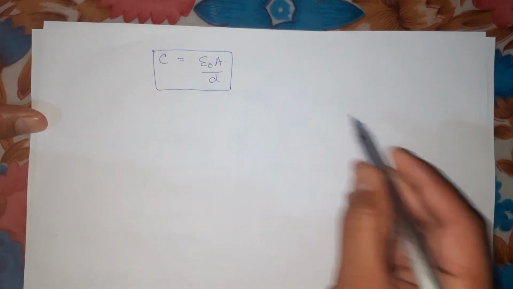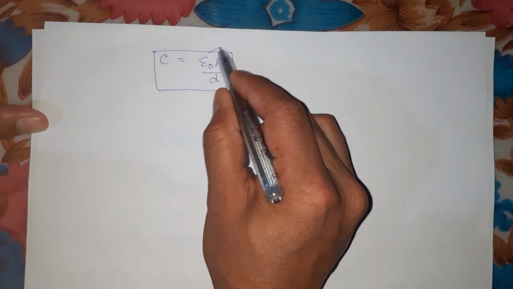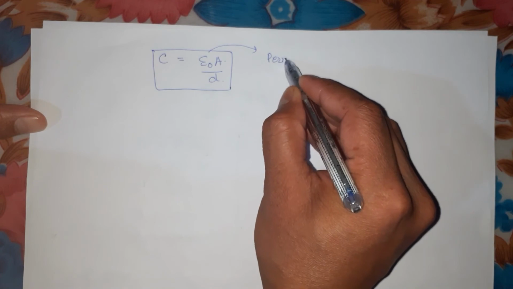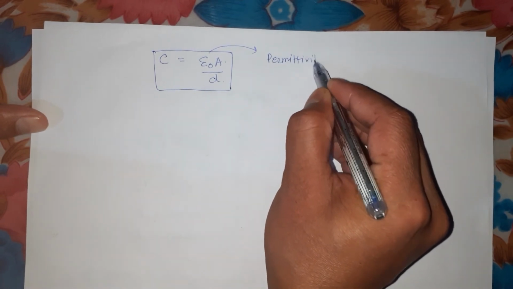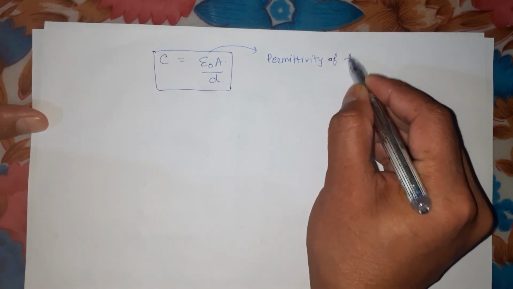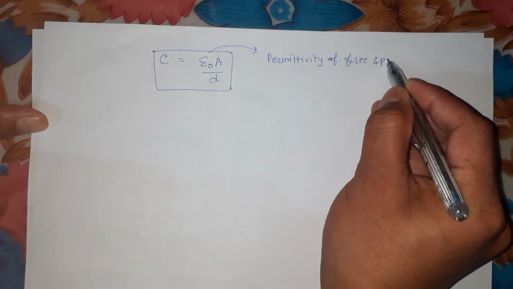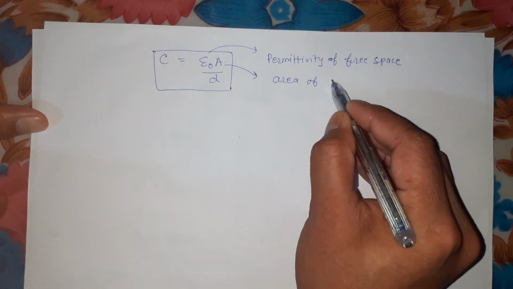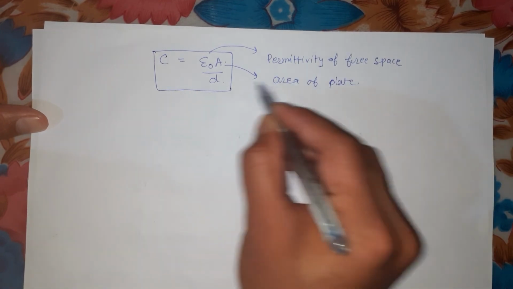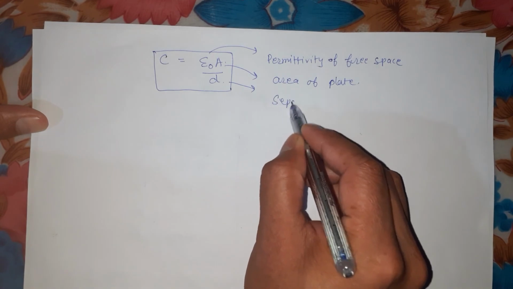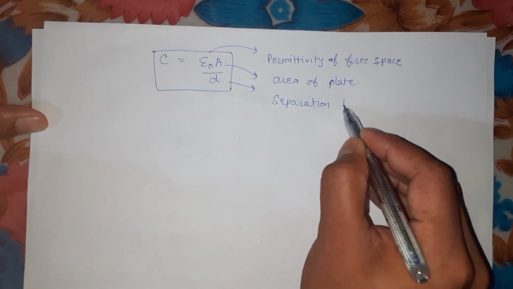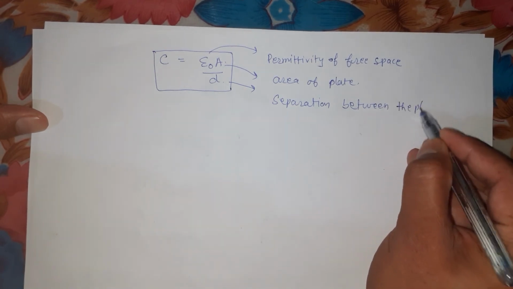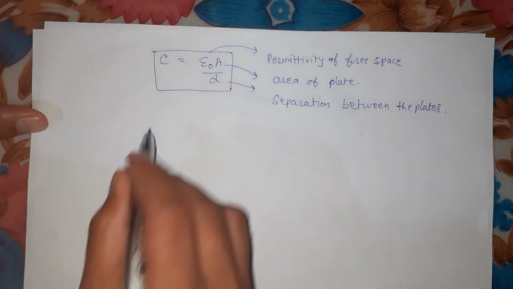What is the meaning of all these symbols? Epsilon naught is the permittivity of free space, A is the area of the plates, and D is the separation between the plates. So this is the meaning of all the symbols used by us.